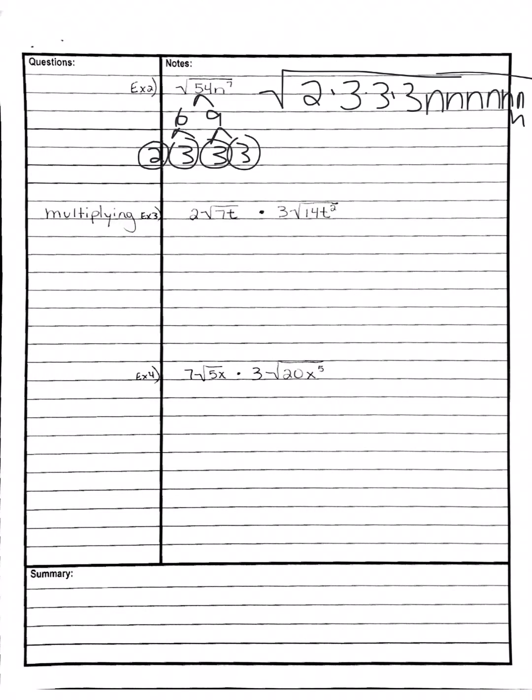So we've got to find our perfect squares. Well, 3 times 3 is 9. It's a perfect square, so I have a 3 that I can pull out. The square root of 9 is 3. I can't do anything with my 2, so I'm going to leave it. I can't do anything with my 3 either. Well, what do you know about n times n? That's n squared, and when you take the square root, an n comes out. And we have another grouping of n squared, so another n comes out.